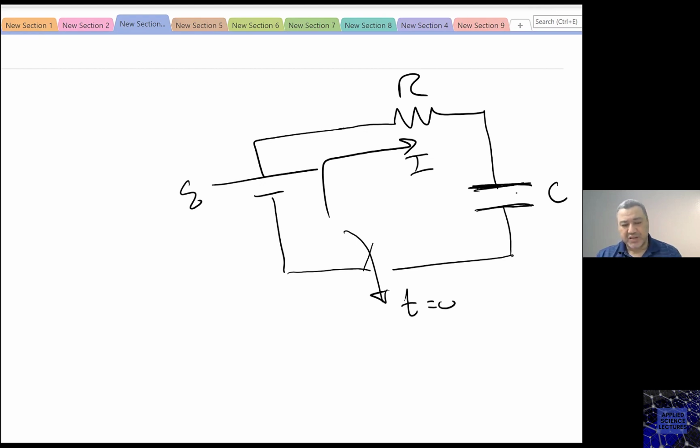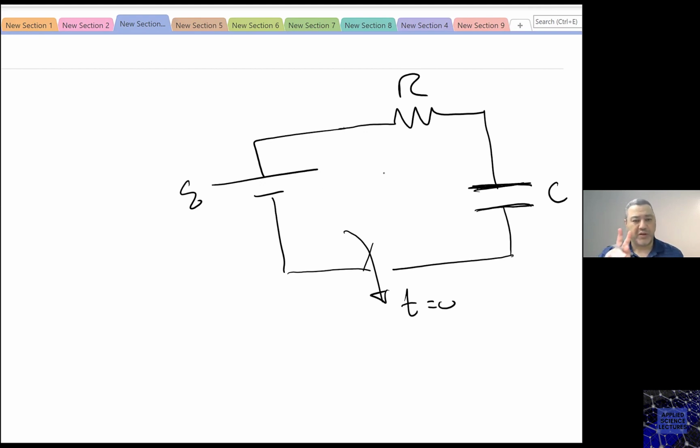So let's look at what's happening for this capacitor when I close the switch. Since this switch has been closed for a long time, we know this capacitor is treated as an open circuit. Now let's look at what's happening to my capacitor. At the beginning, this capacitor was fully discharged.